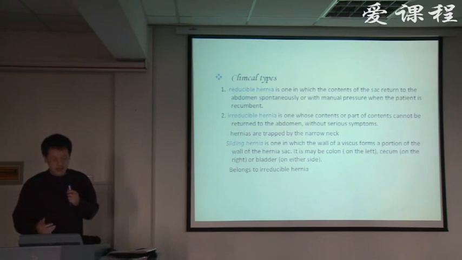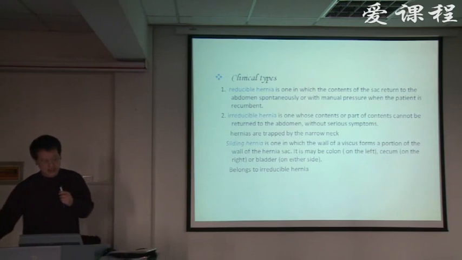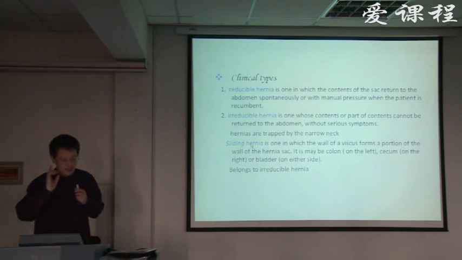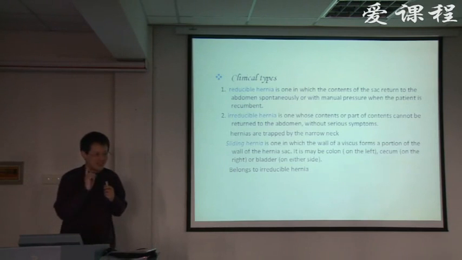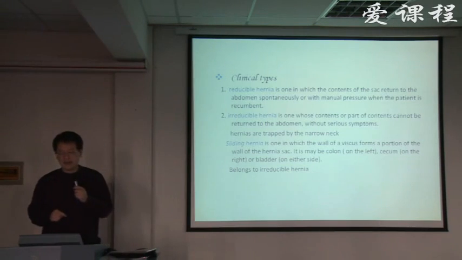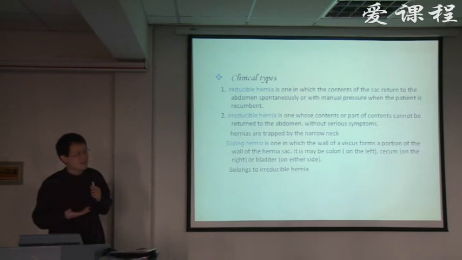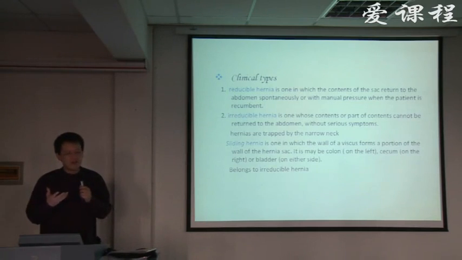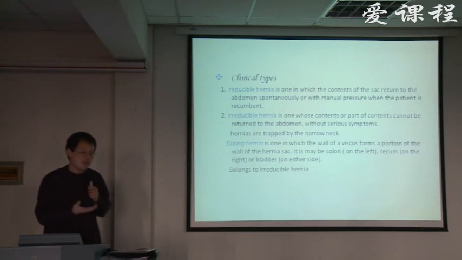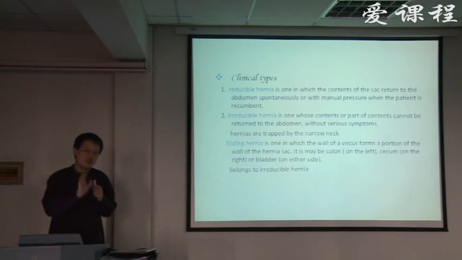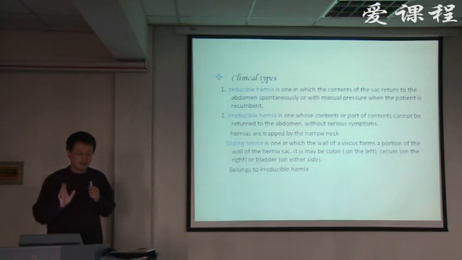And now we turn to a very important idea: sliding hernia. It's one of the irreducible hernias, but it's really very important. How to say this? Because some of our intra-abdominal viscera are attached to the peritoneum. Some organs, I show you.